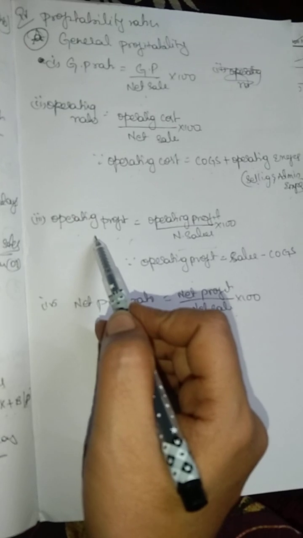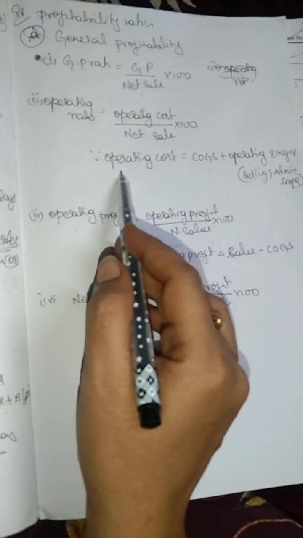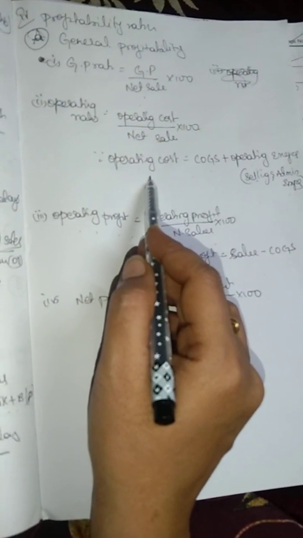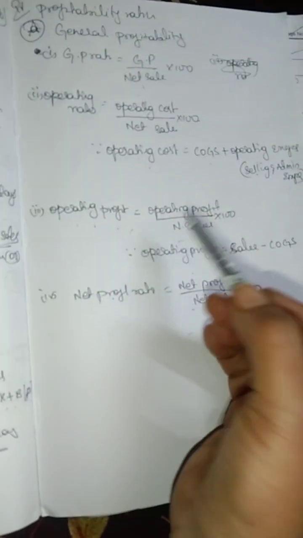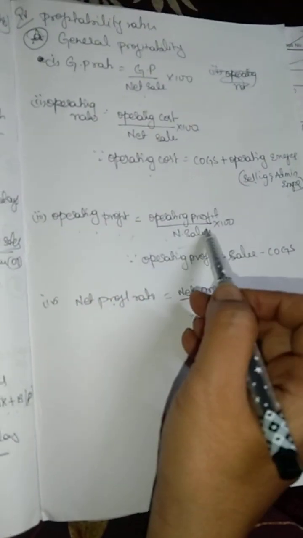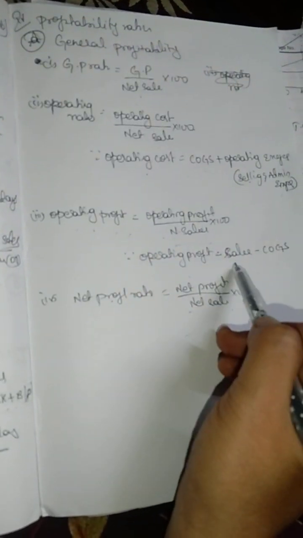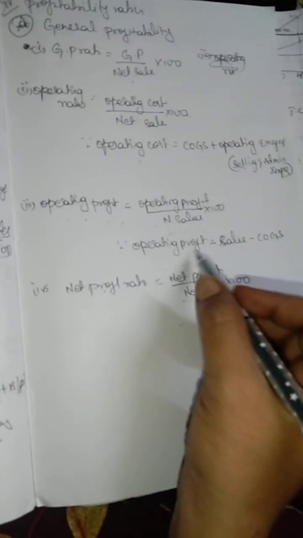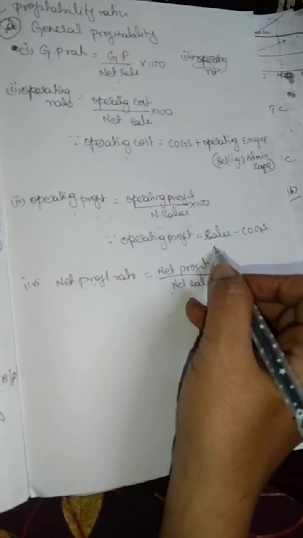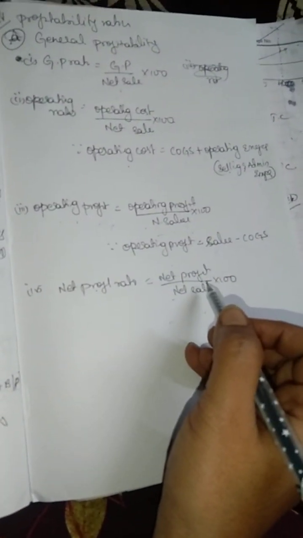Now what is operating profit? Simply 1 minus operating cost, we can find it out. Very simple. Now if you want to do it directly, operating profit divided by sales, where operating profit is sales minus cost of goods sold. And net profit, they will definitely give you.